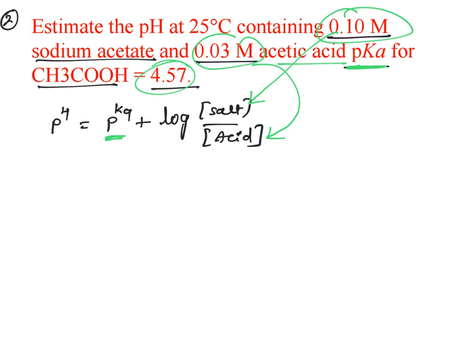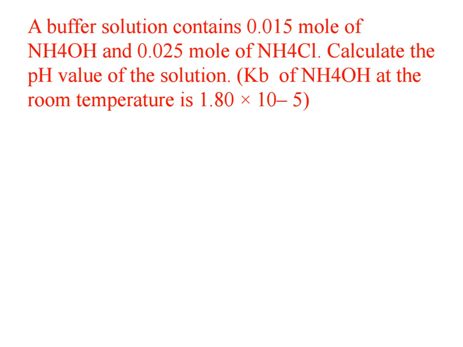Let's move on to a problem based on the basic buffer solution. A buffer solution contains 0.05 moles of ammonium hydroxide and 0.025 moles of ammonium chloride. Calculate the pH value of the solution, and here they have given Kb, the base dissociation constant.